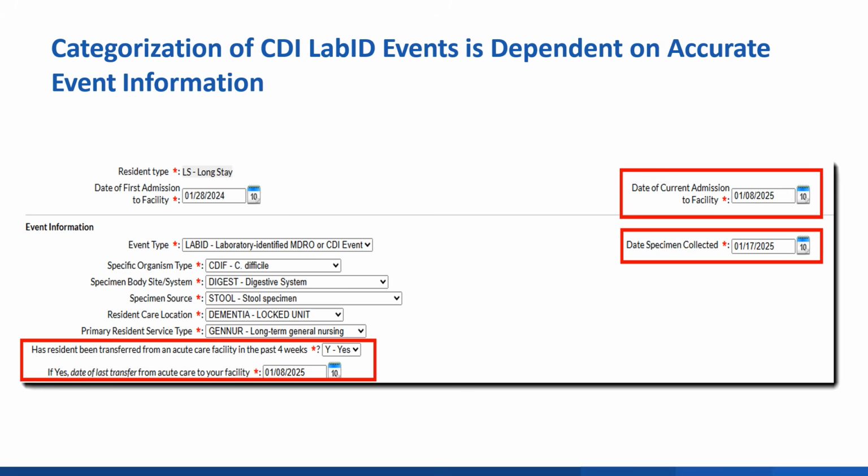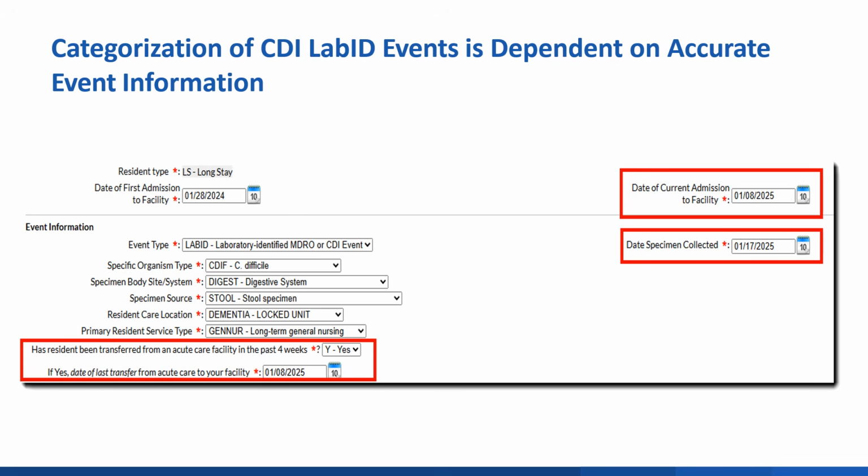In this example, data entered in the NHSN application will be analyzed based on the following: date of current admission to facility, date specimen collected, and if the resident was transferred, date of last transfer.